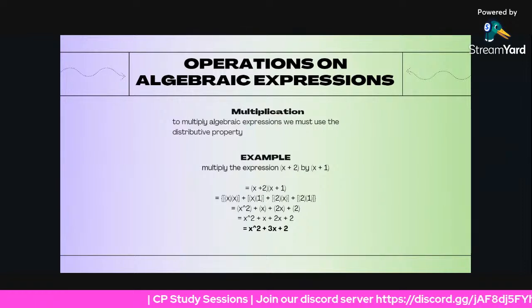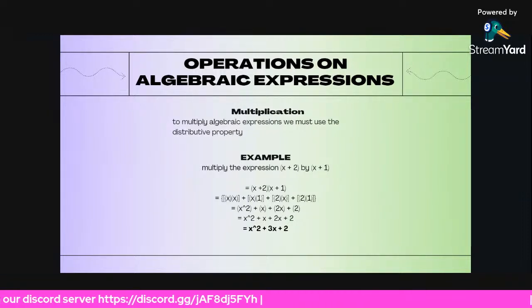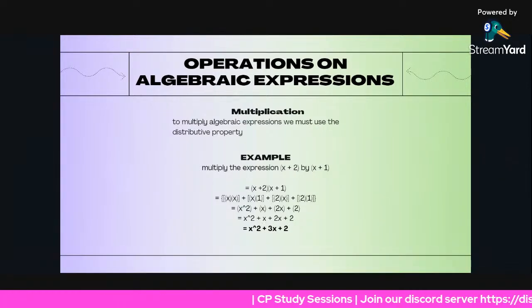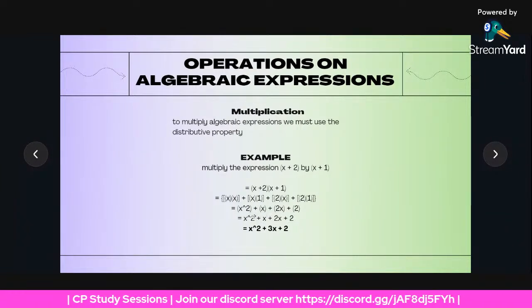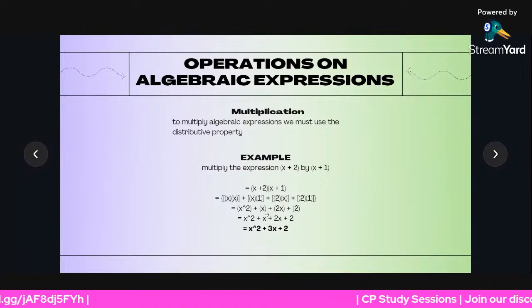So, dito, we have x and positive 2x. Ay, yung dalawa. Positive x and 2x. So, since similar yung dalawa, similar ng signs, similar ng variable, and ng exponent ng variable na yon, we can simply add it na lang.